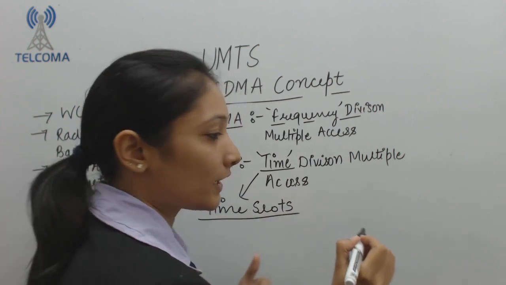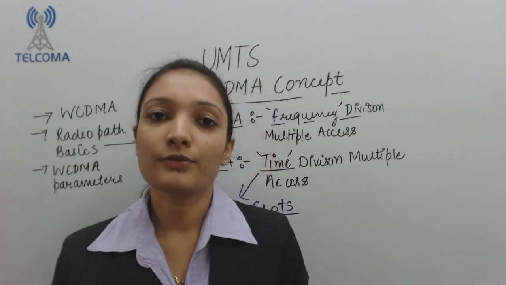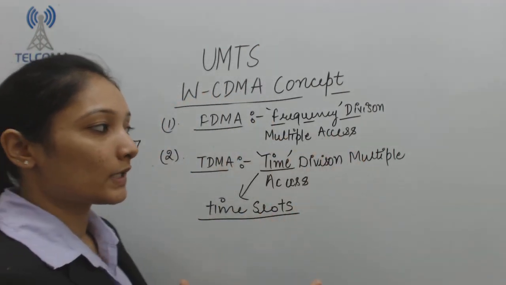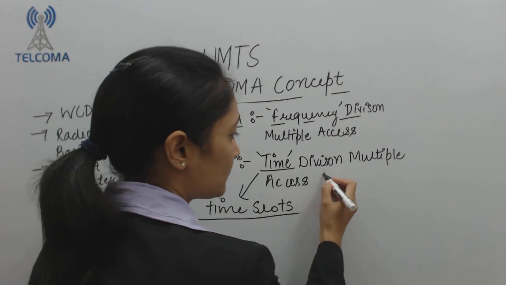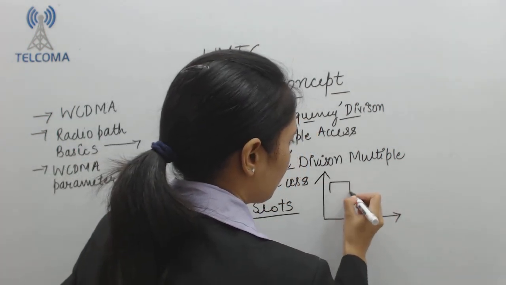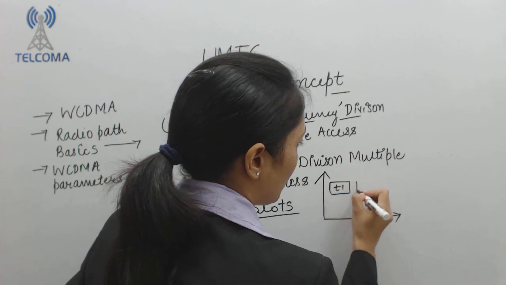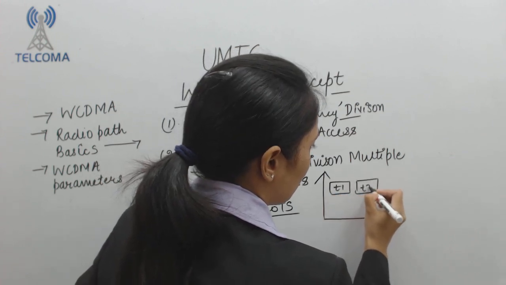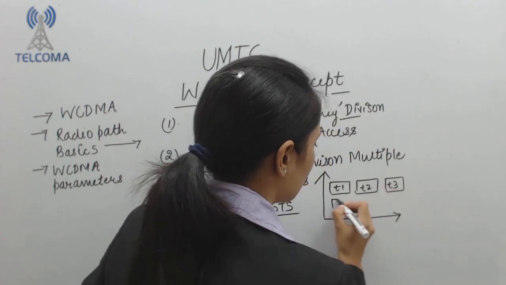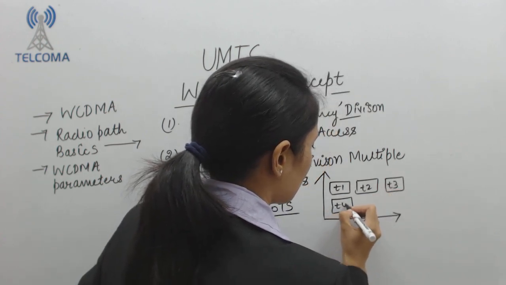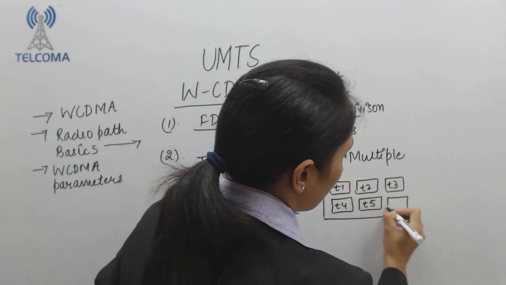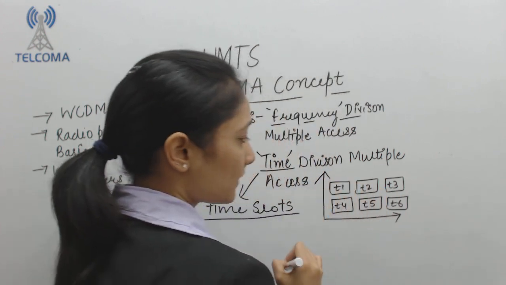Instead of allocating different frequencies to different users, in time division multiple access we are allocating different time slots. This is time slot 1, time slot 2, time slot 4, and for example time slot 6.